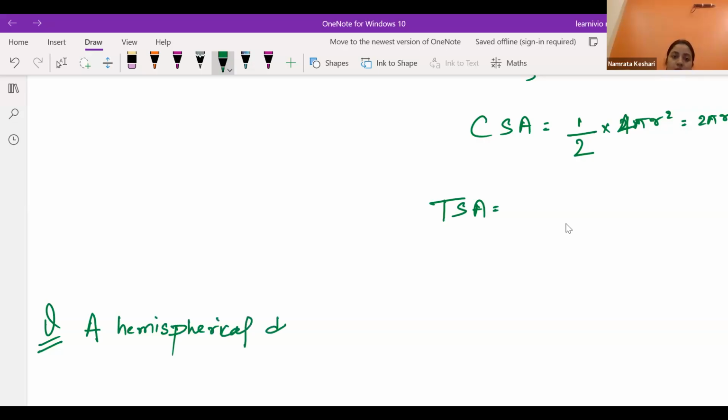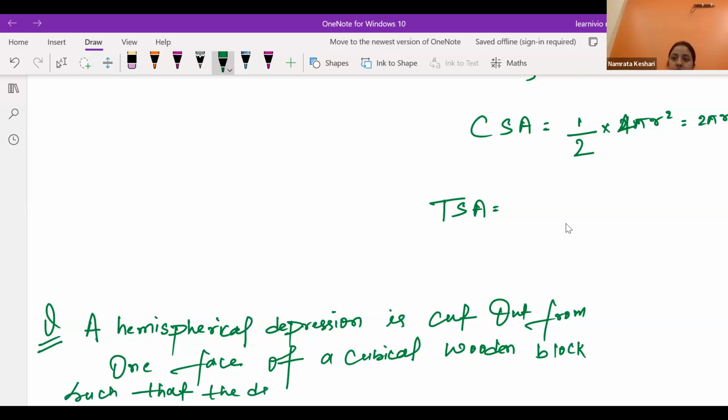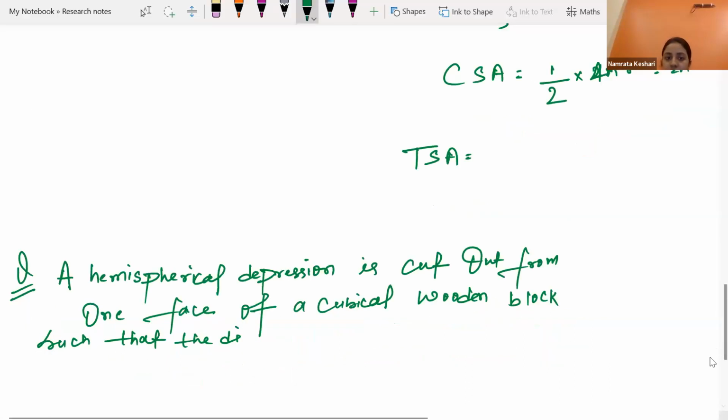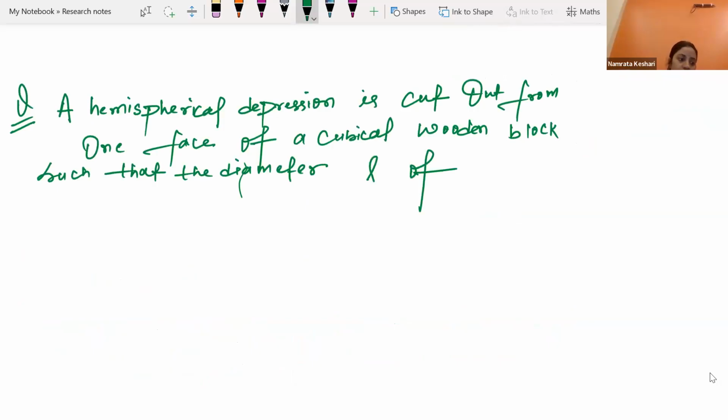A hemispherical depression is cut out from one face of a cubical wooden block such that the diameter L of the hemisphere is equal to the edge h of the cube.